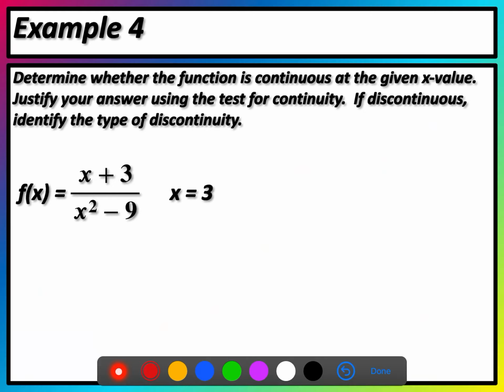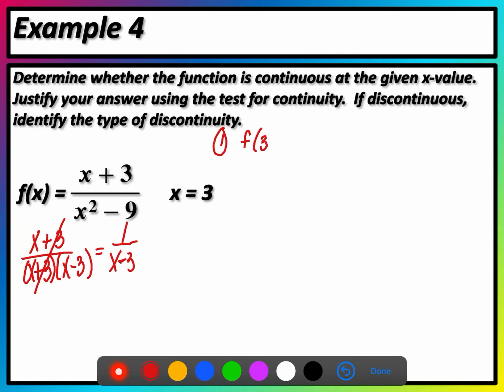All right, so you still want to factor and simplify as your first step, okay? Even when we're doing continuity. Okay, so I have a simplified function. However, when I evaluate, and I do step number 1, I want to use the original function.